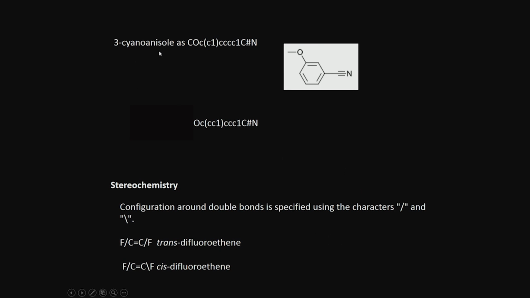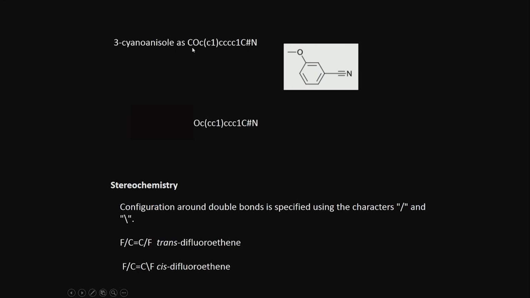And 3-cyanoanisole, this is the structure. So, I have a benzene ring, okay, and then there is an O CH3 connected and there is a carbon nitrile, C triple bond N, connected. Triple bond is put like this, double bond you can put, but triple bond it is put like this.